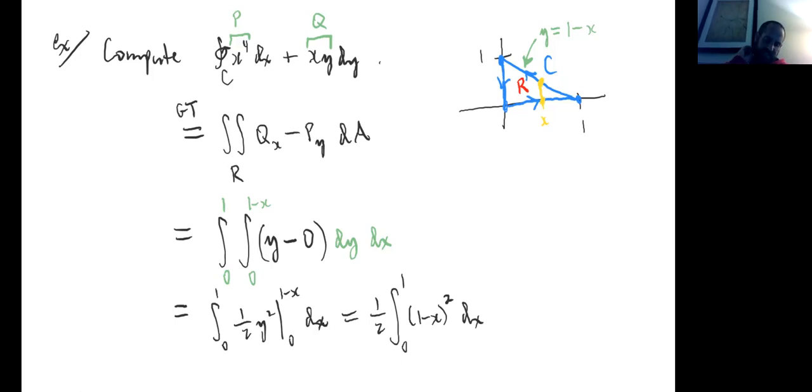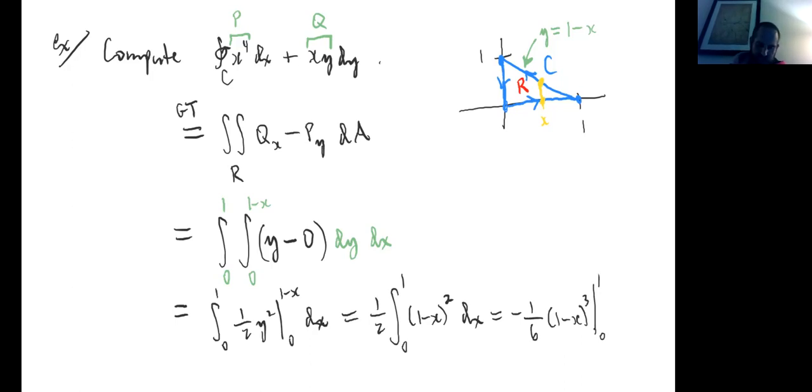The antiderivative of (1 minus x) squared is (1 minus x) cubed over 3 times a minus sign. This is going to be minus 1/6 because it's 2 times 3, times (1 minus x) to the 3rd power, evaluated between 0 and 1.